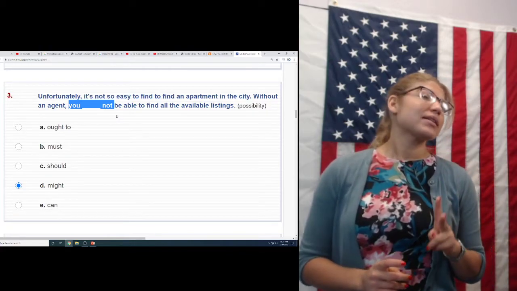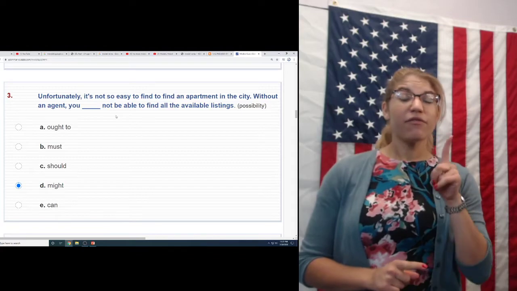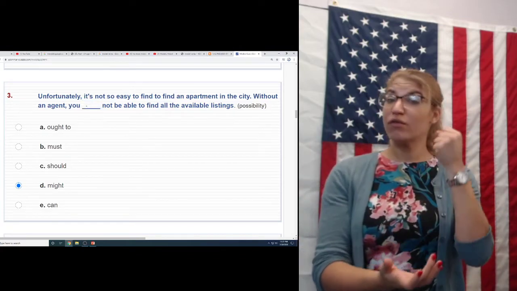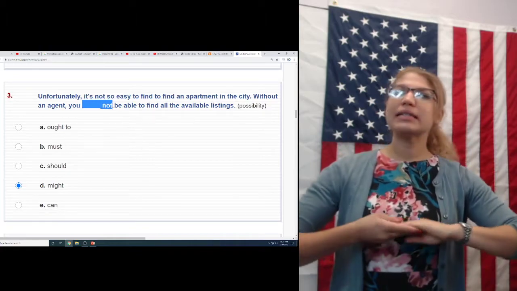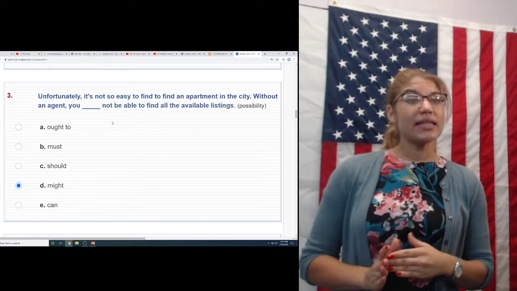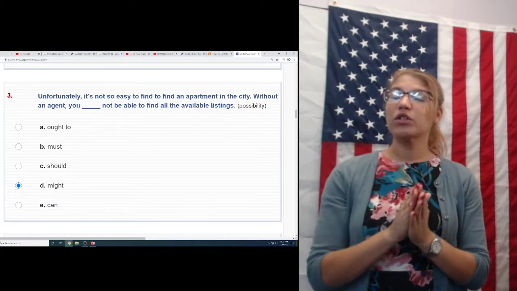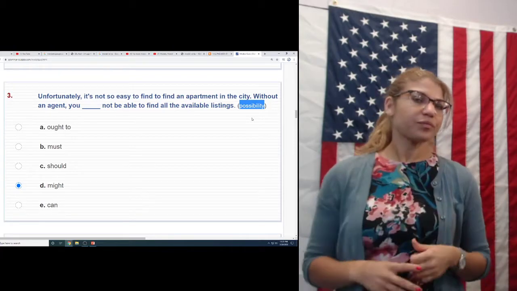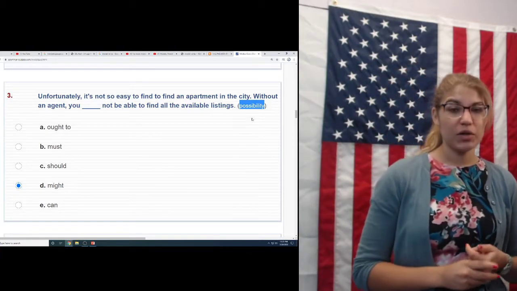There's two reasons that this is incorrect. The first is that cannot is very definitive, very strong, and there is a guarantee that it is not possible. We see in the parentheses that we're talking about a possibility. Therefore, we won't use the word can.